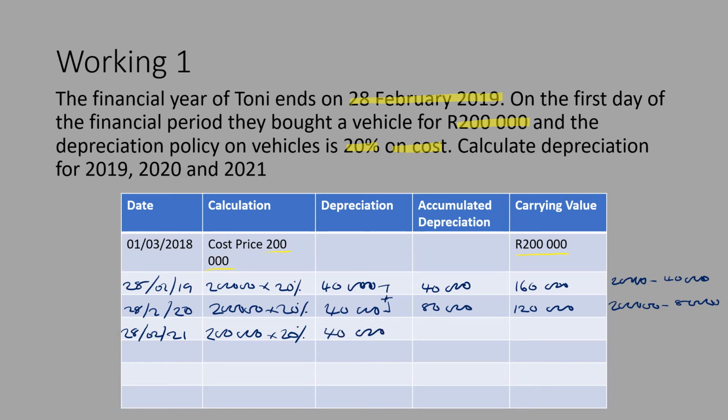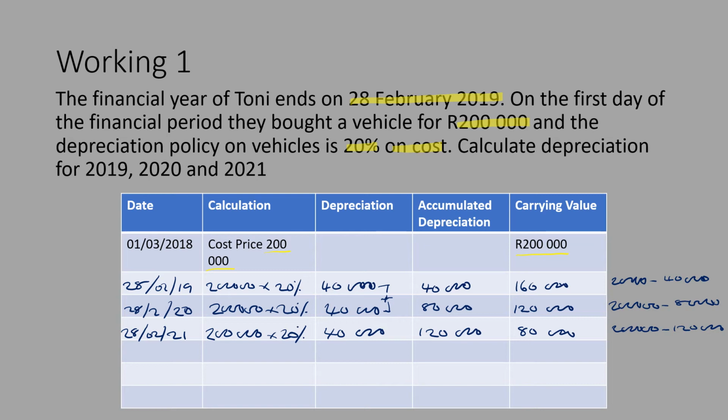Then my accumulated depreciation again will be all the depreciation added together, which is 120,000. Then here I'll say 200,000 minus 120,000, and I'll get 80,000. So that's how you calculate depreciation.